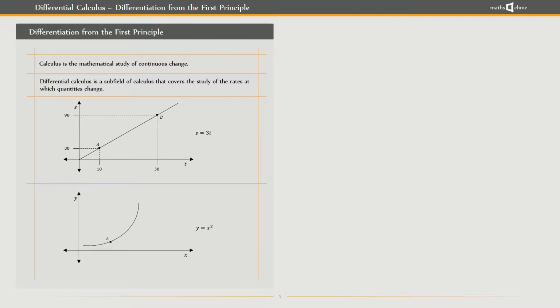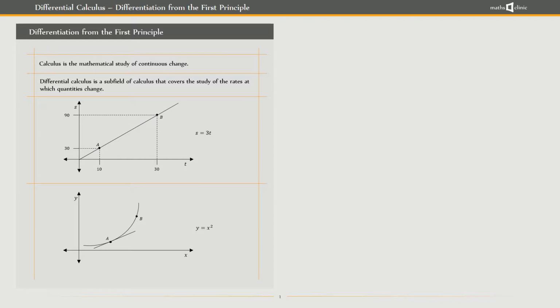Now, if you consider this point A and you're looking to find the gradient of the curve at point A, the gradient of the curve at point A is the gradient of the tangent to the curve at point A. The tangent to the curve at point A is a line that cuts through the curve at just that point A. It doesn't cut through any other point.